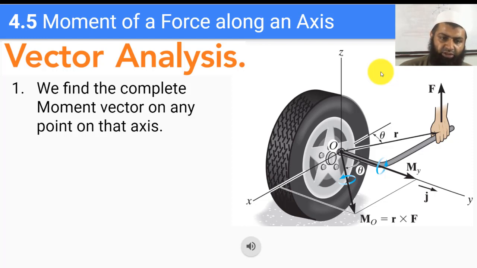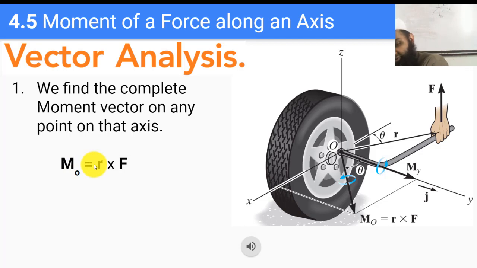So step number one is that I choose any point on this y-axis, and using that point, I find the moment of this force F about that point. We use the formula that the moment of the force about the point O is equal to r cross F, where r is the position vector and F is the force.